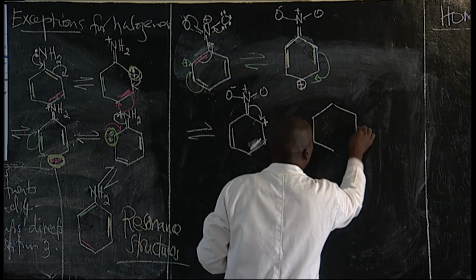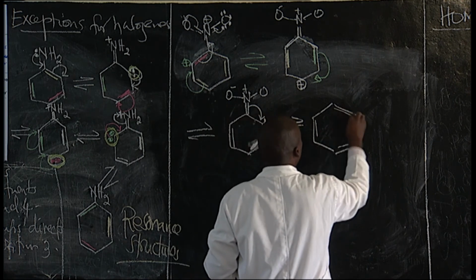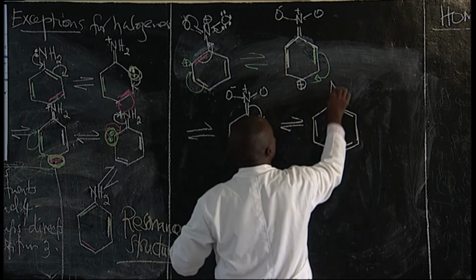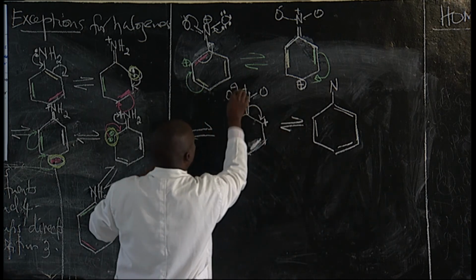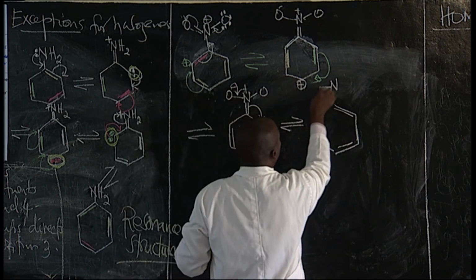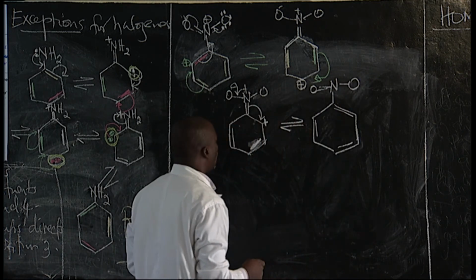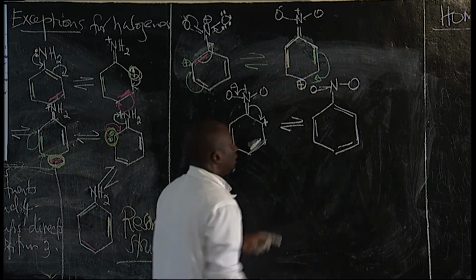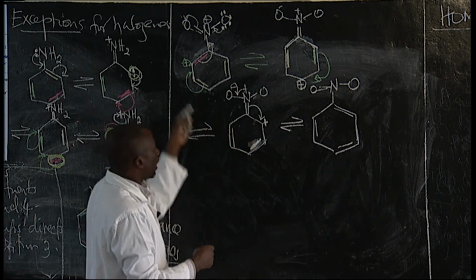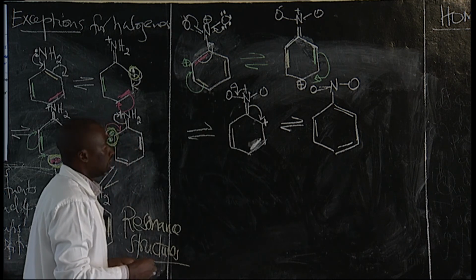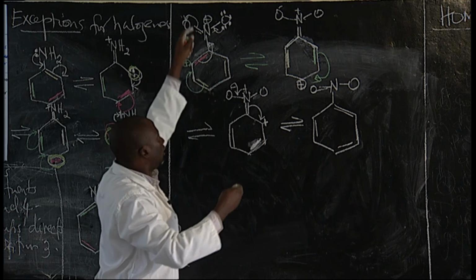So the double bond has broken away, and as it breaks away, this one comes back again, and then you have the oxygen over there. When you look at this, the electrons were moving up. They were being pulled out of the ring.